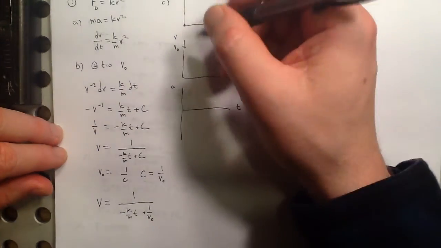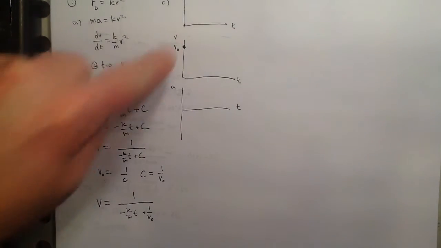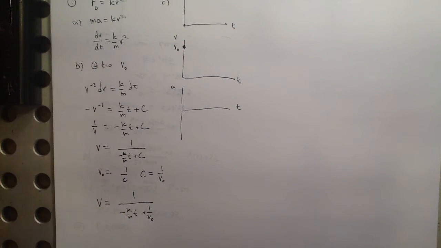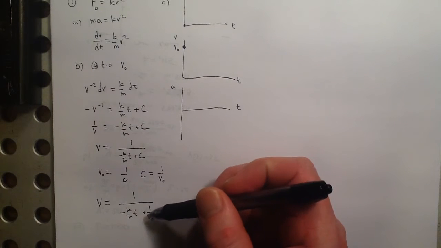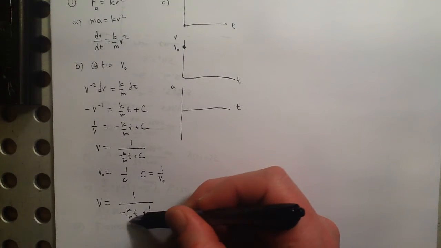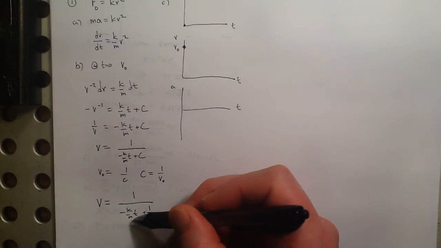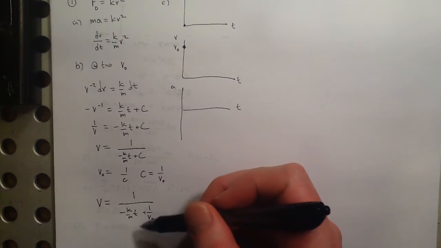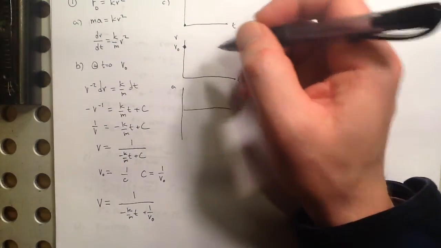So what would this look like? Well, I'm doing this one first because this is the function that I've been thinking about, right? So let's see. As the t values get bigger and bigger and bigger, this turns into a more negative number, and it will overpower this.